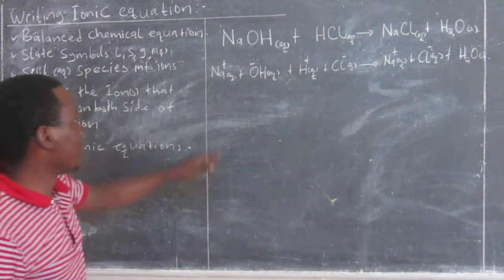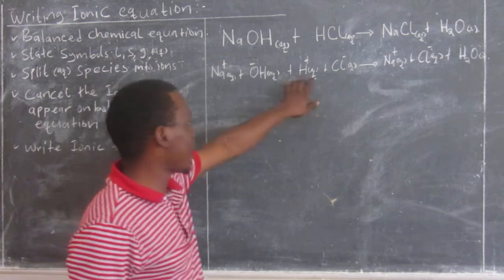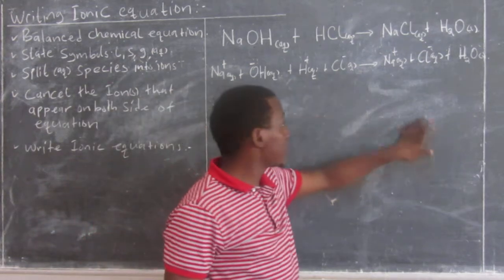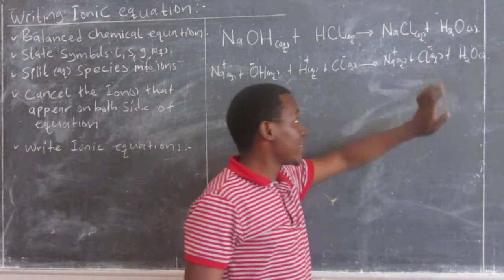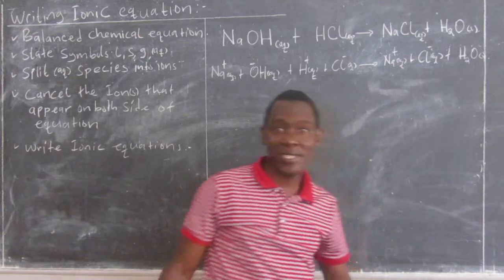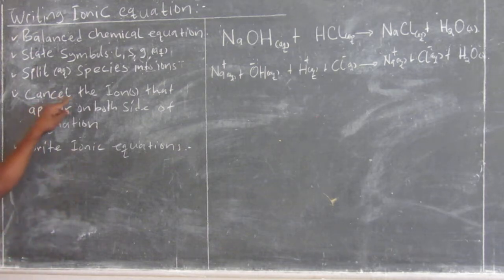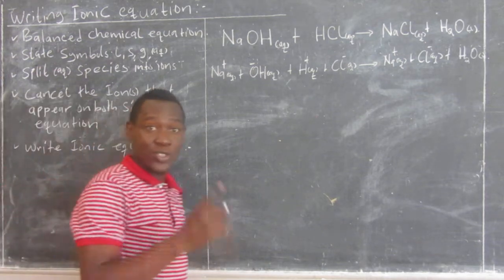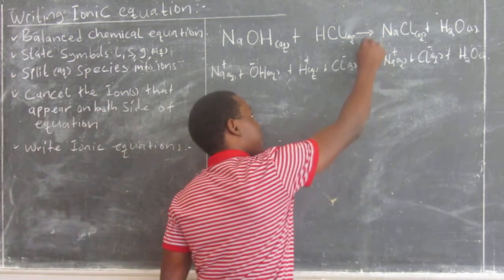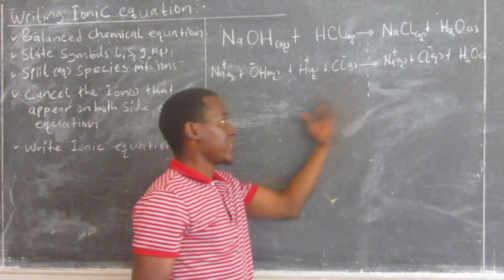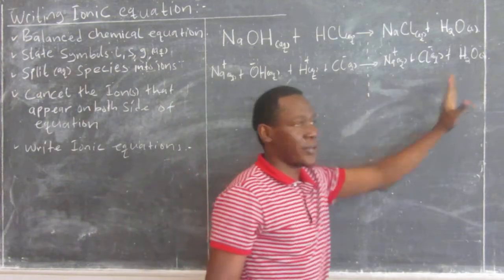Is it okay? We have the sodium ions, the hydroxide ions, hydrogen ions, the Cl ions, the sodium ion this side, Cl ions, and water. Because water is a liquid, we should not split it in our equation. Then they say you cancel the ions that appear on both sides of the equation. My equation has 2 sides: the reactant side and the product side.